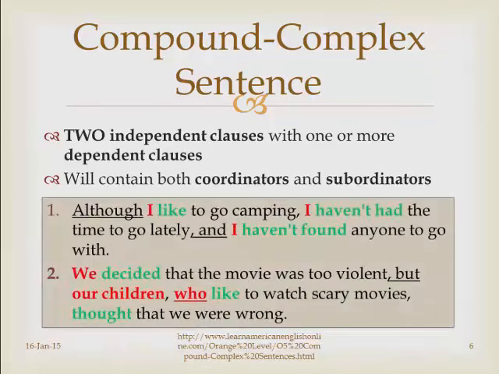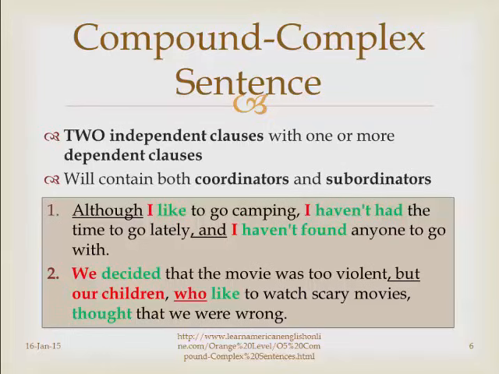Okay, looking at the first one. Can you guess which ones are the independent clauses and which one is the dependent clause? Yep, you guessed it. I haven't had the time to go lately, and I haven't found anyone to go with are the two independent clauses.